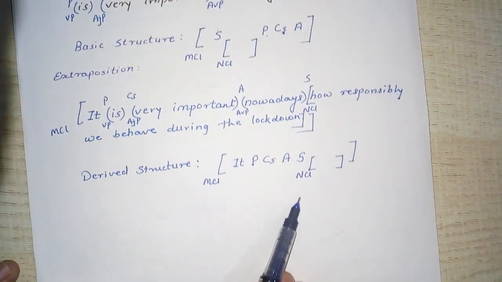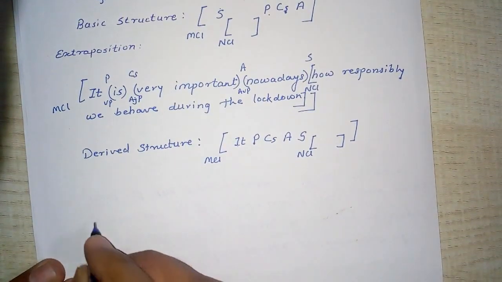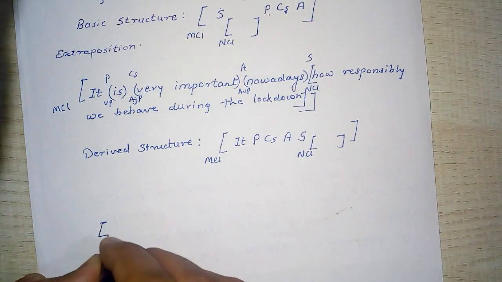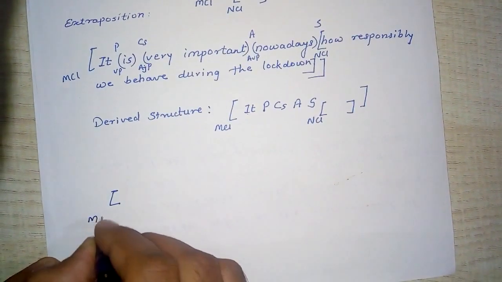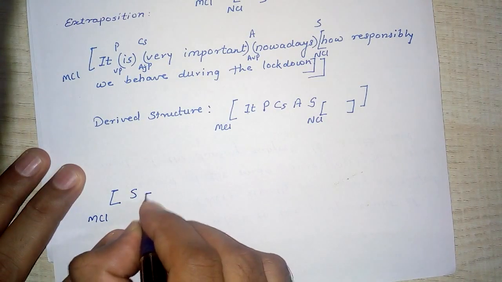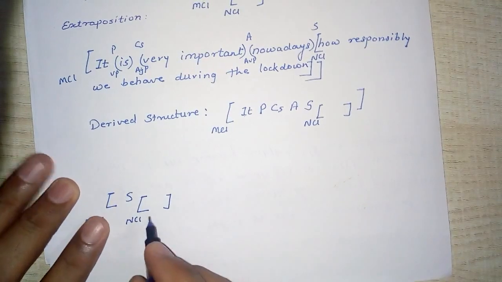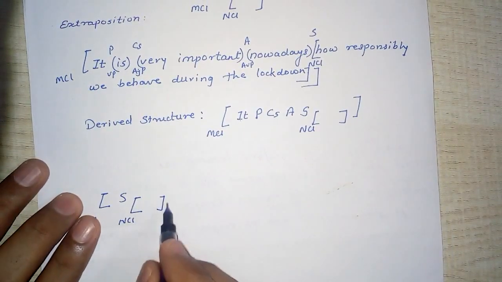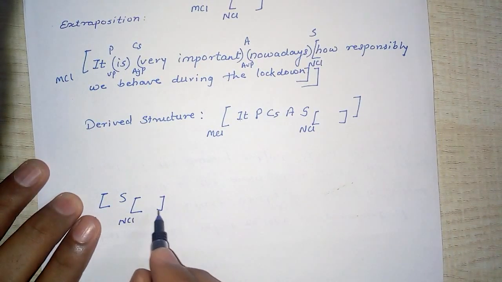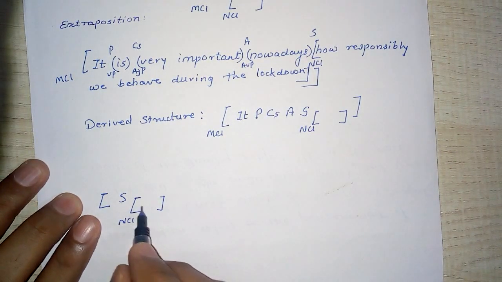Now we have to write both basic and derived structure at the same time. Now see here, MCL, subject, noun clause. We have used square brackets here because we separate one clause from another clause by square brackets.